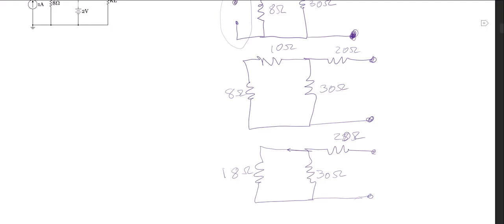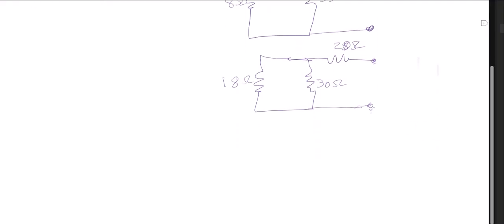But even if they weren't in parallel, you'd have to look and see relative to the resistance that we'd be looking at over here on our load. Are they in series? Are they in parallel? And they are, in fact, in parallel.